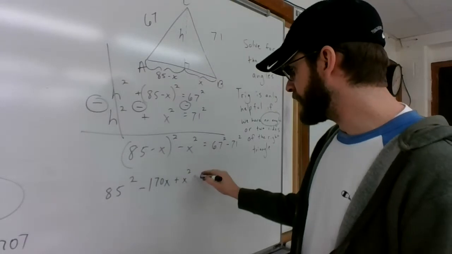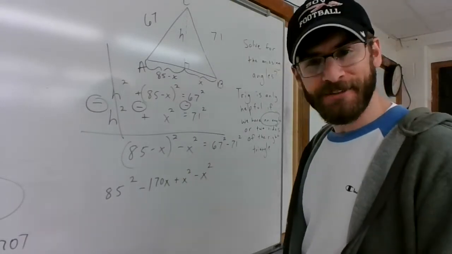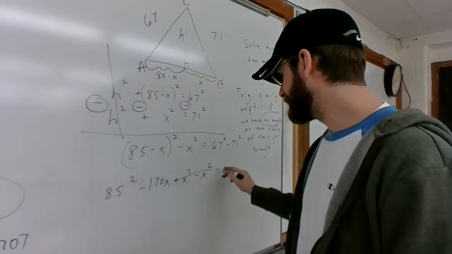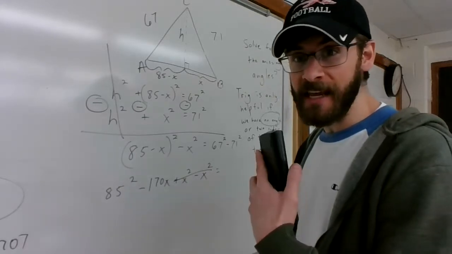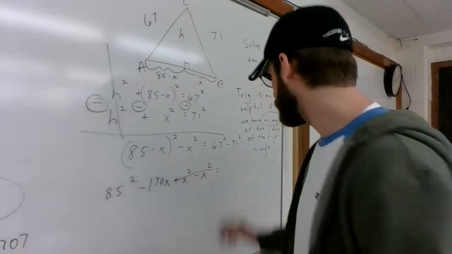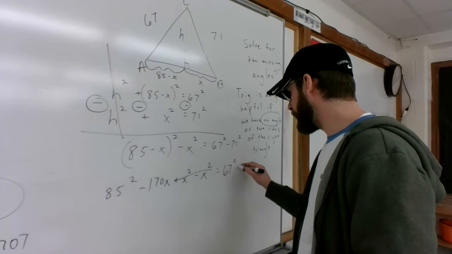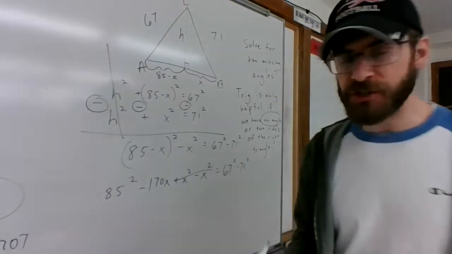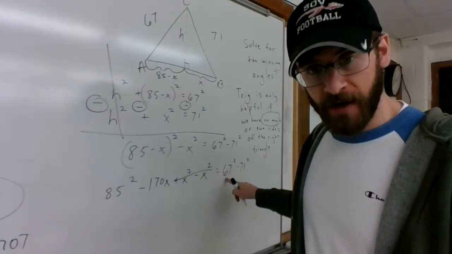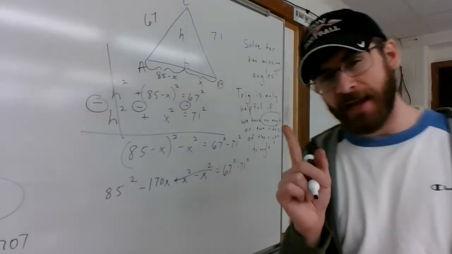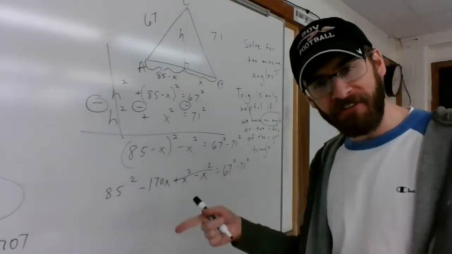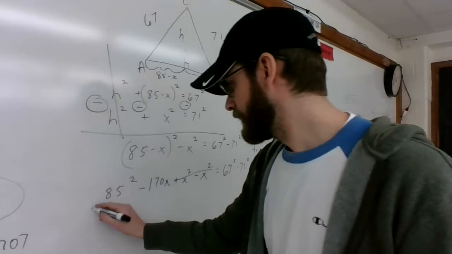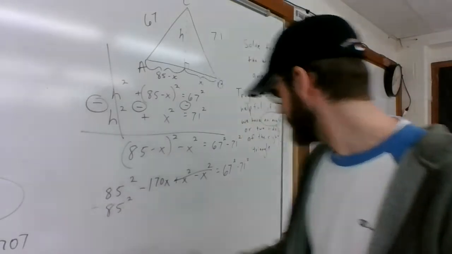And then you got this minus x squared here. Well, that's convenient. Looks like we don't have to deal with any quadratic formula. And then you got 67 squared minus 71 squared. If you want to, you can actually calculate these, whatever 67 squared is. I'm just saying maybe we can hold off on that until the very end. See, this is a constant.